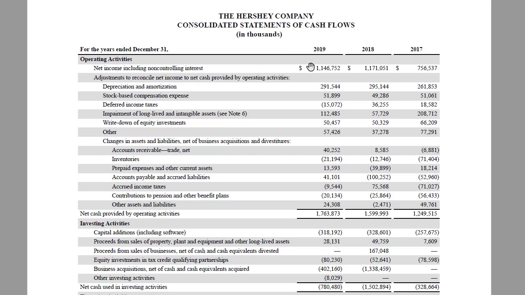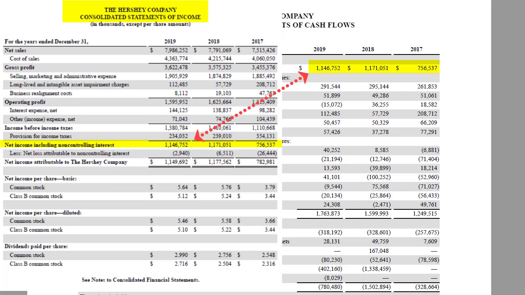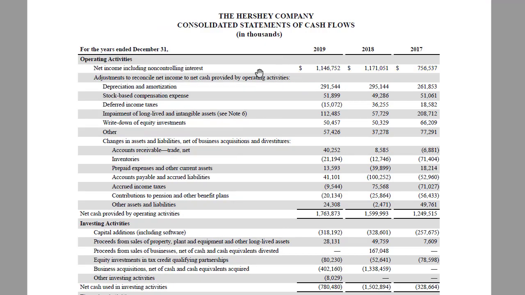This figure here includes the non-controlling interests. So it's the whole company, regardless of whether there are minority or non-controlling interests in here, because we're really talking about the whole company, the operations of the business. So it starts with net income, which can be positive or negative.